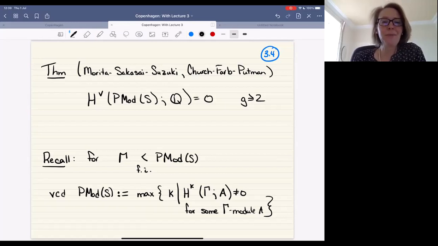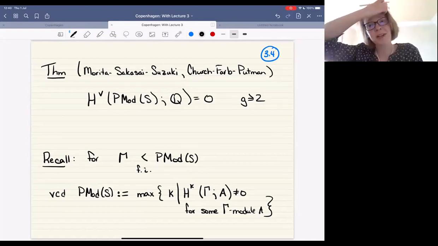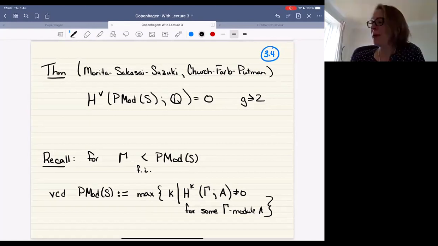But Morita, Sakasai, and Suzuki, and independently Church, Farb, and Putman, proved that actually you don't see anything in this case. There's no information there. So that's, I suppose, kind of unfortunate, but it's also very interesting. So what are you going to do next?